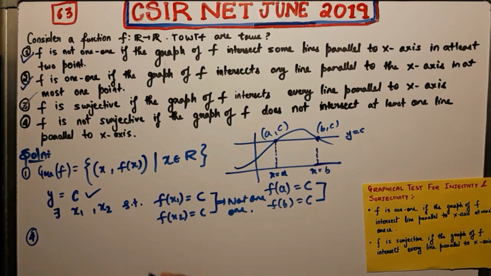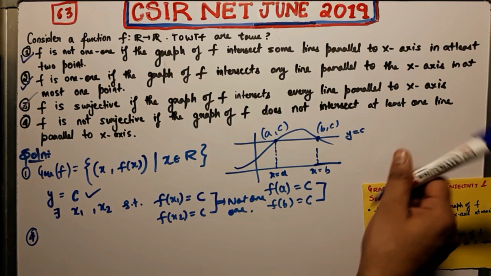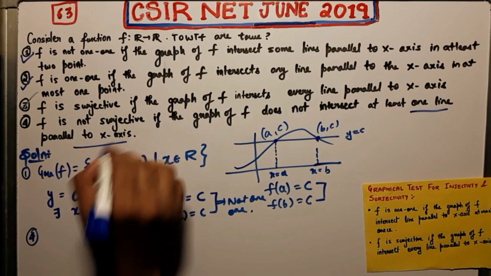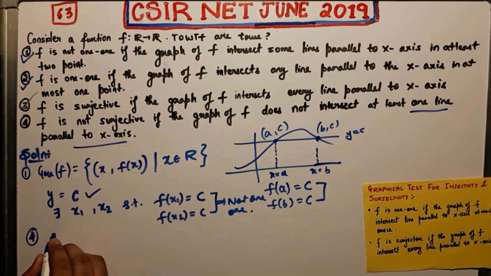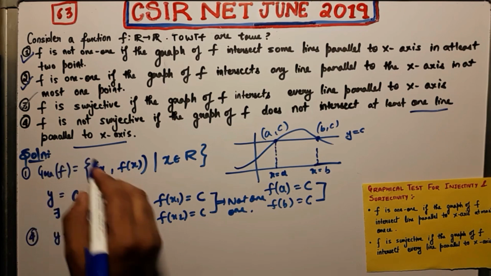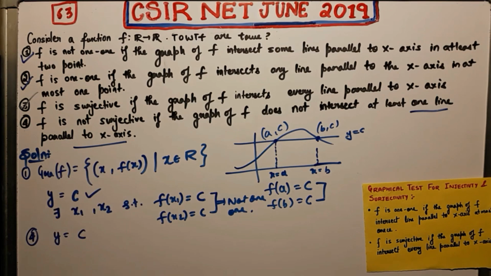What the question says, that graph, let us take a line parallel to x-axis. So a line parallel to x-axis will be like y is equal to c type. Now it says that your graph is not surjective if the graph of f does not intersect at least one line parallel to x-axis. What does that mean to you? Let us do it very simply. Let us say this is your graph.